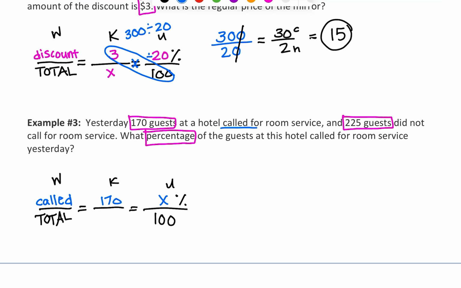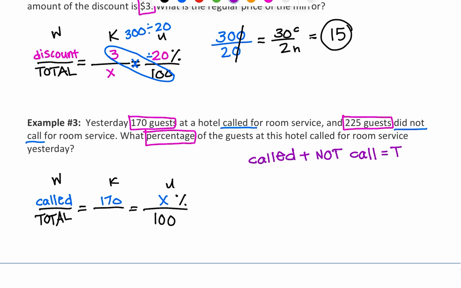Okay, and this is where we have to be careful. Really listen here. It says 225 did not call. So that's not my total. That's just the amount that did not call. So in this problem, I have to take my guests who called and the guests who did not call, and I have to add those guests together to get the total.